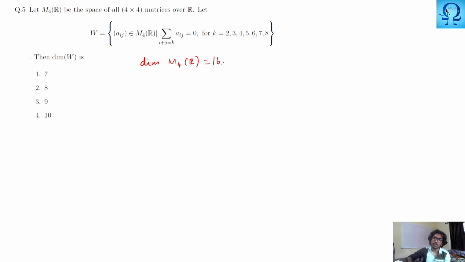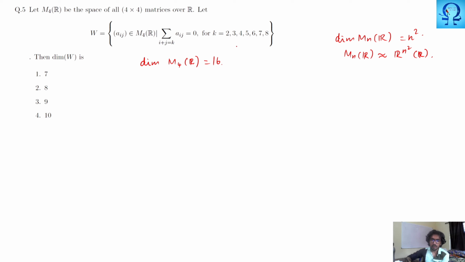It is 16, right? The dimension of Mn of R is n squared, because Mn of R is isomorphic to R^(n squared) over R, right? So these are some elementary results in linear algebra through which we can write this.